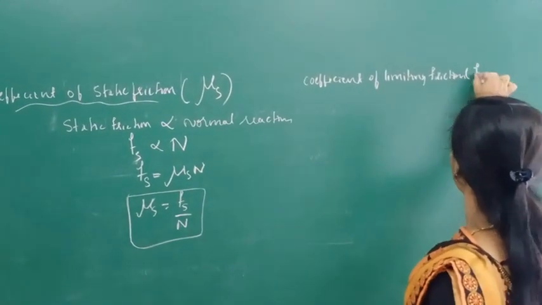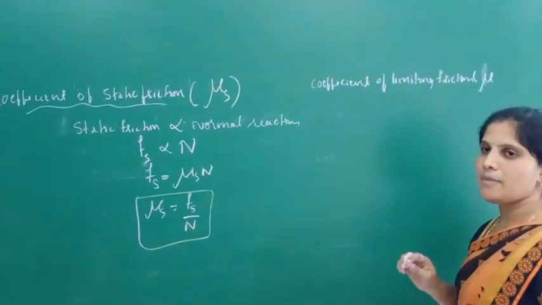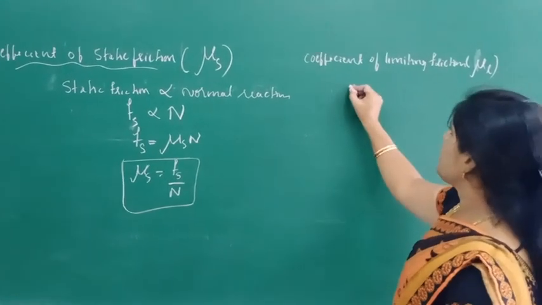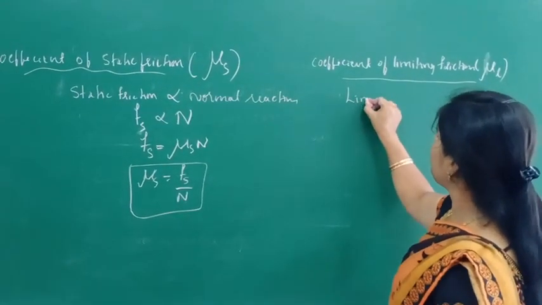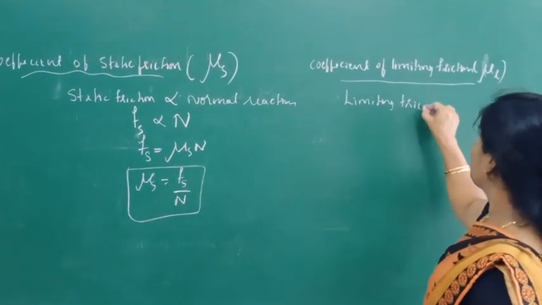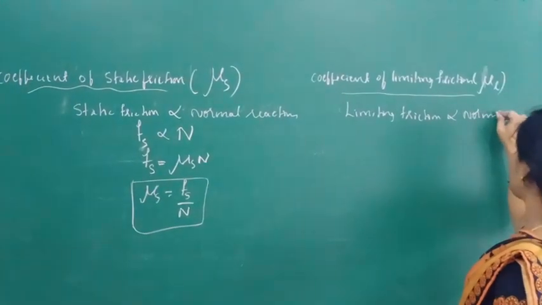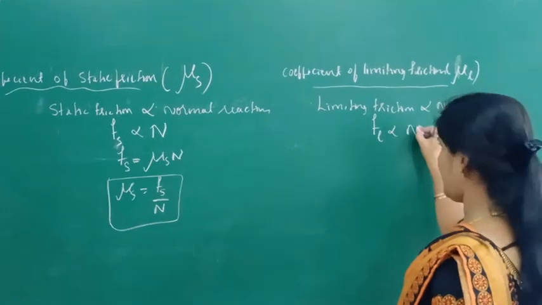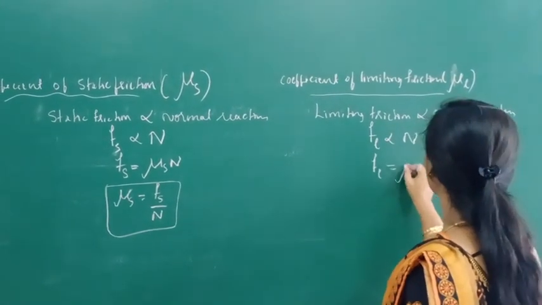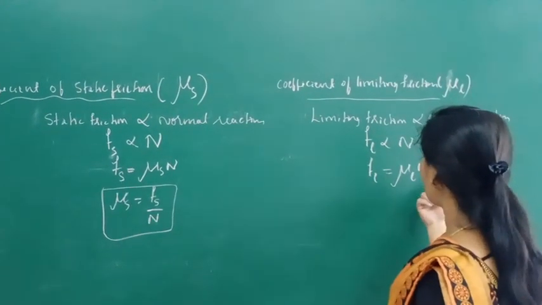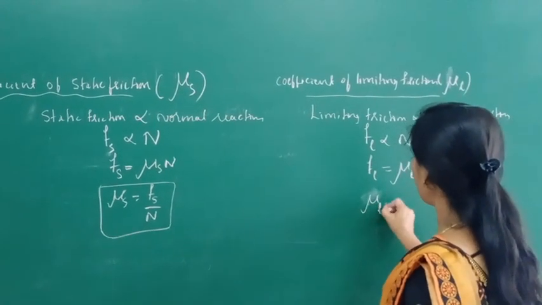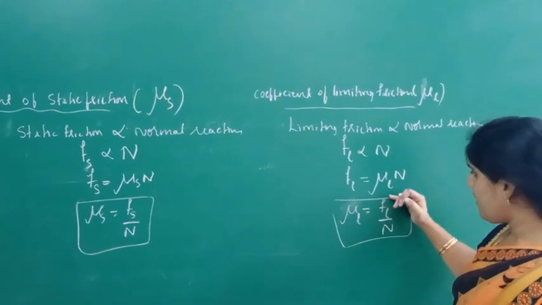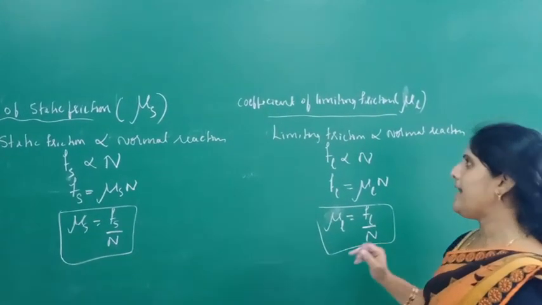Limiting friction is denoted by Fl, but coefficient of limiting friction is denoted by mu L. Here also, limiting friction is directly proportional to normal reaction, that is Fl is directly proportional to N. To remove the proportionality sign we put a constant, mu L into N. If Fl is equal to mu L into N, then mu L is equal to Fl by N. That is, the coefficient of limiting friction is defined as the ratio of limiting friction to the normal reaction.